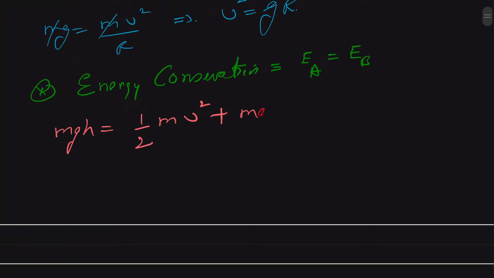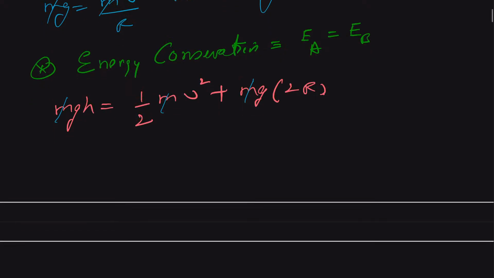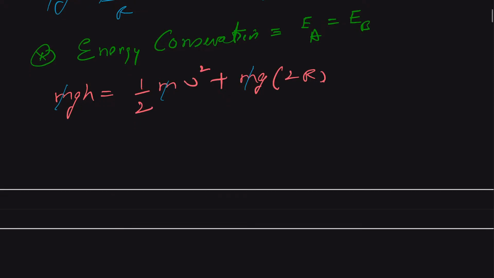So this comes as mg times 2r, and here the mass cancels out throughout. We substitute the value of v also, therefore we get g times h is equal to half, and the velocity squared was gr, plus twice gr, and we can cancel out this g also.